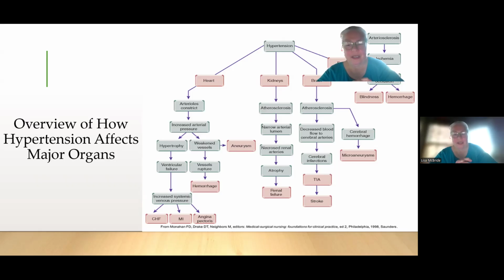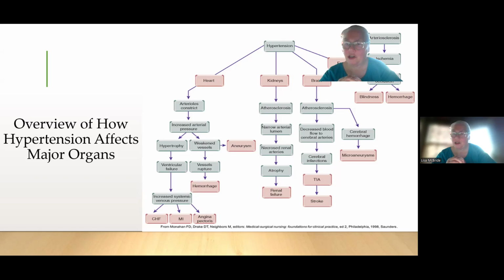So kidneys, if we have atherosclerosis, which is narrowing of the blood vessels because of fatty deposits and cholesterol, that can cause narrow arterial lumen going into the kidneys, which is also going to decrease the amount of pressure going into the kidneys. And remember, I said the kidneys are dependent on the blood pressure coming in for their ability to filter urine.